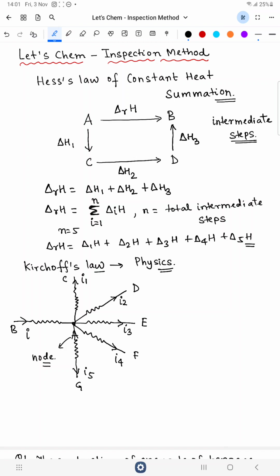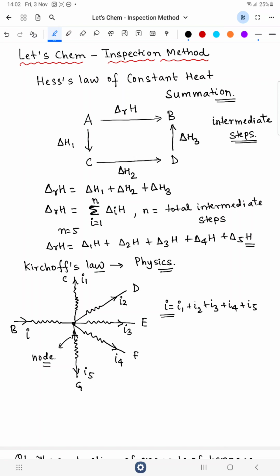So guys, can we say that I equals I1 plus I2 plus I3 plus I4 plus I5? This is what is called Kirchhoff's law.